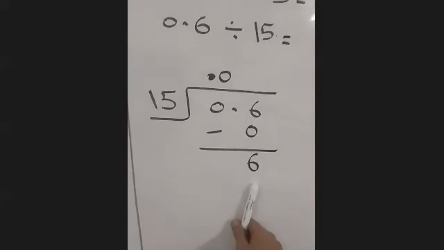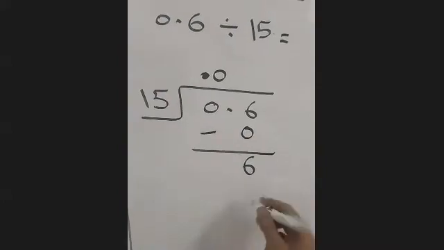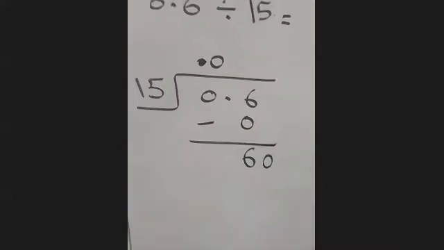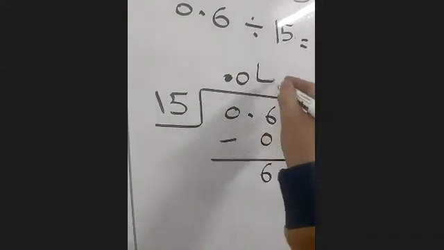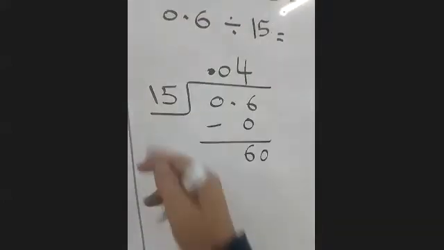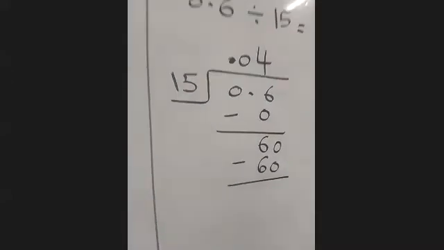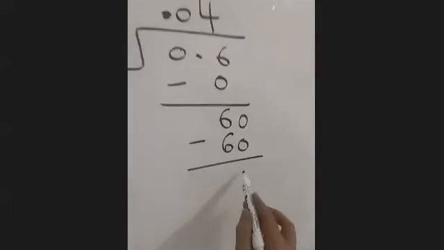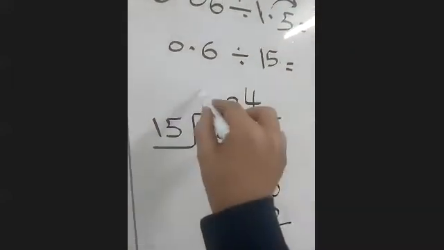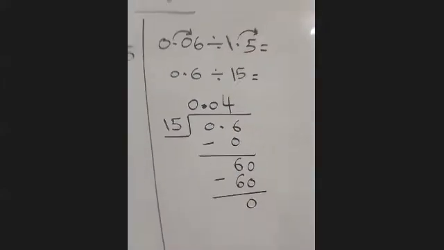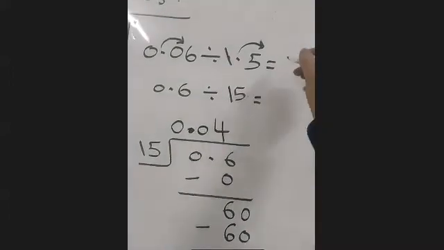Because we have a decimal, we can add a 0 here. 60 divided by 15, guess 4. 4 multiply 15 is 60. 60 minus 60 is 0. Now, what's the answer? Here we have an empty place. What do we fill it with? 0. So what's the answer? 0.04.